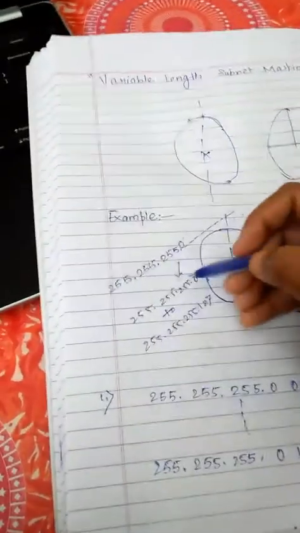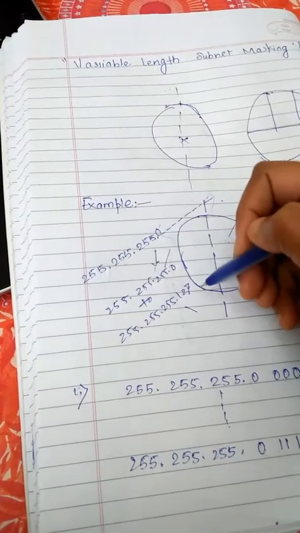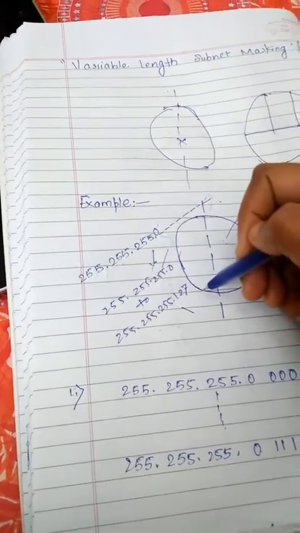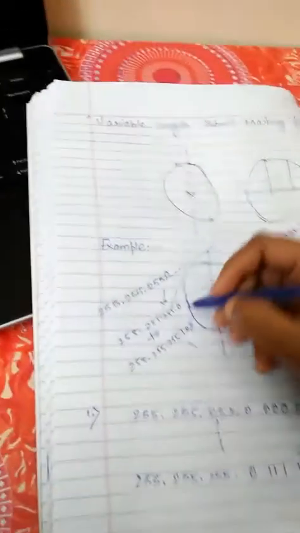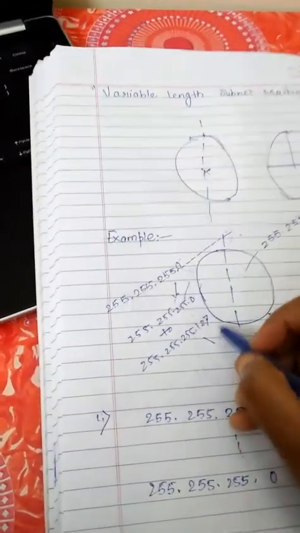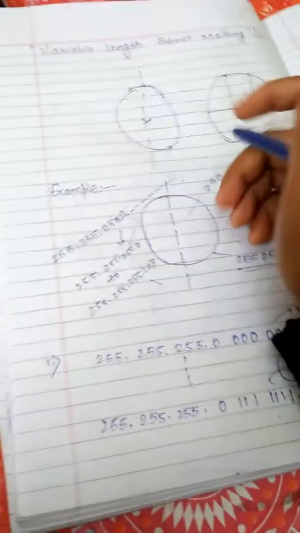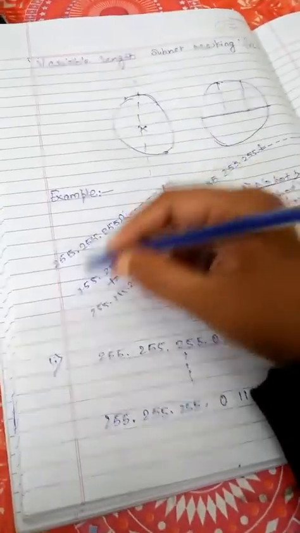So the range of this network is from 255.255.255.0 to 255.255.255.127. As we know that the first and the last one are used up as network ID and broadcast address respectively, so we will subtract these two IP addresses from this collection.